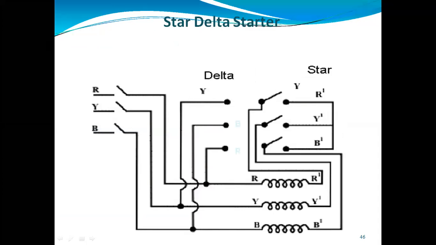when we are supposed to look at the star delta starter, this is the common type of starter and it can be used over the other types of starter. As we have said, we have different types of starter like direct online, stator resistance starter, auto transformer starter. But out of all these four starters, we commonly use the star delta starter because it is used for the induction motor.